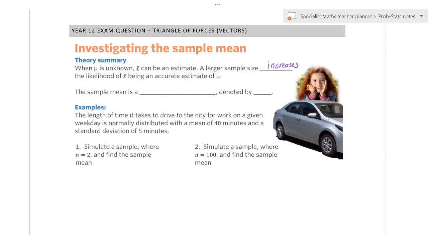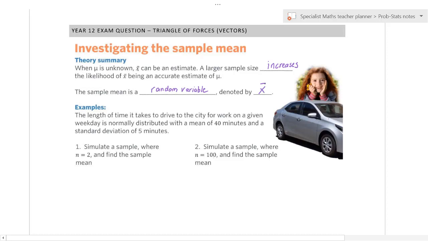The sample mean is a random variable. As you've discussed, we were taking five samples and then taking the average, denoted by X bar.